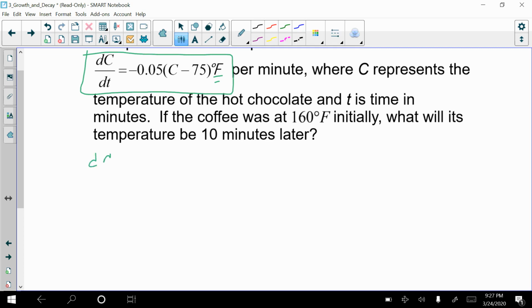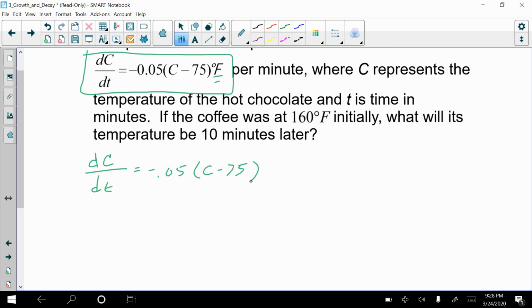dC, the derivative of C with respect to time, dt, is equal to negative 0.05 times (C minus 75). And we don't really need to write the degrees Fahrenheit. We just kind of go with that.